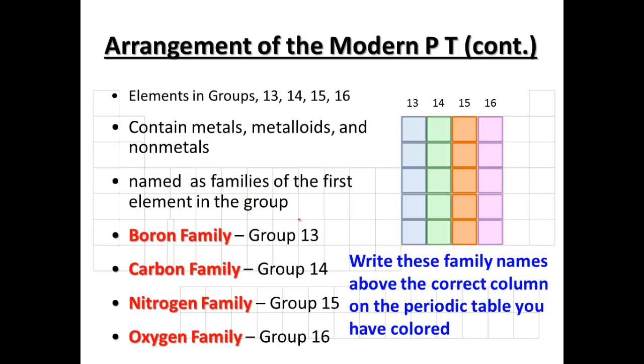So the boron family is group 13, the carbon family 14, the nitrogen family 15, and the oxygen family, group 16. Write these names above that colored periodic table that you've made. So you're going to just write up above: boron family, carbon family, nitrogen family, oxygen family.